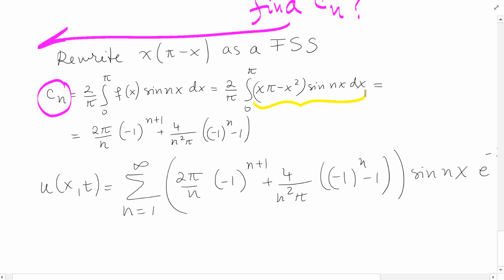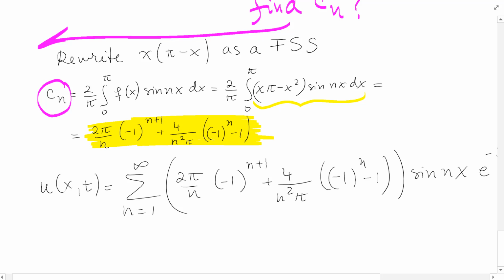So here, in the actual work, I skipped many steps because, if you notice, you actually have 2, actually 3, integrations by parts. But I wanted to get to this point where we actually calculate c sub n, because that's the question we asked.